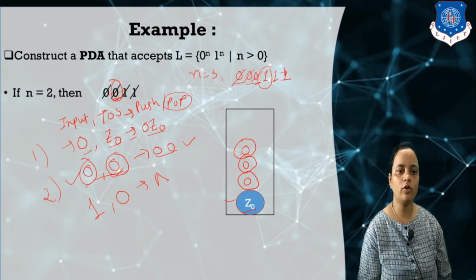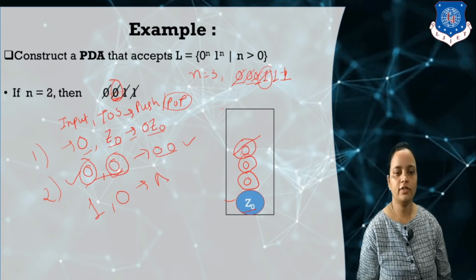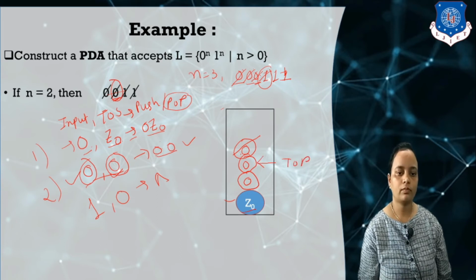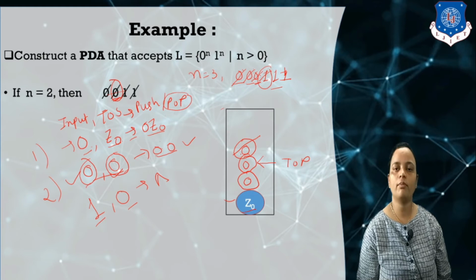So when I read the input, I delete the topmost symbol of the stack. Now again the input is 1. Yes, I write down input is 1. What is the topmost symbol containing? 0. What are we going to do? We have to perform a pop operation, so delete it.